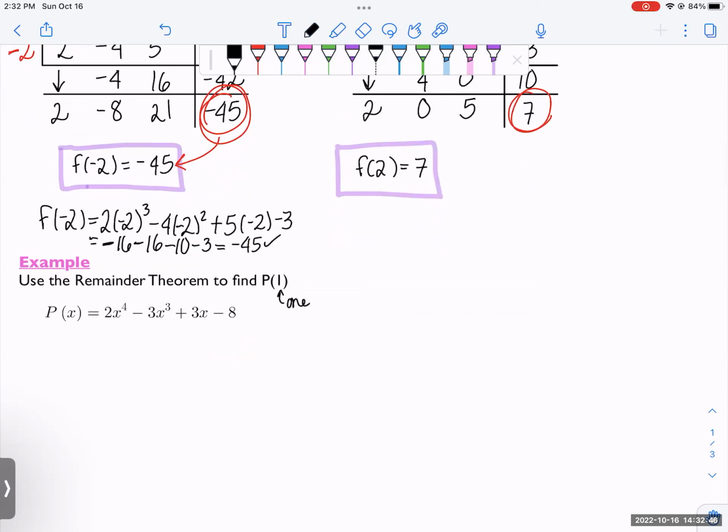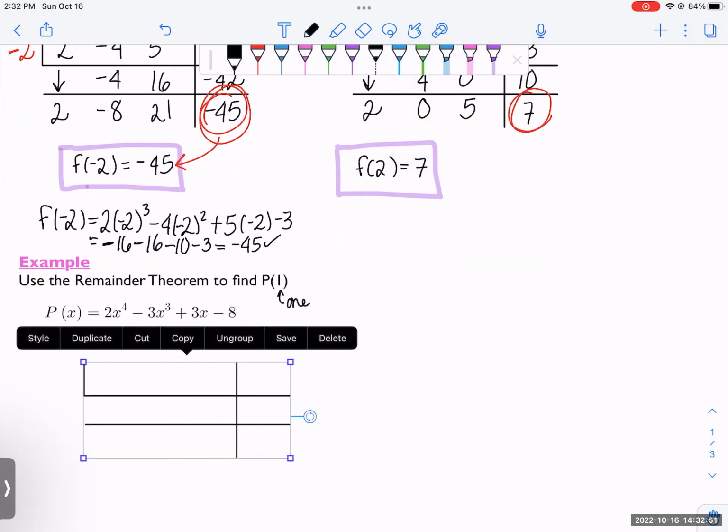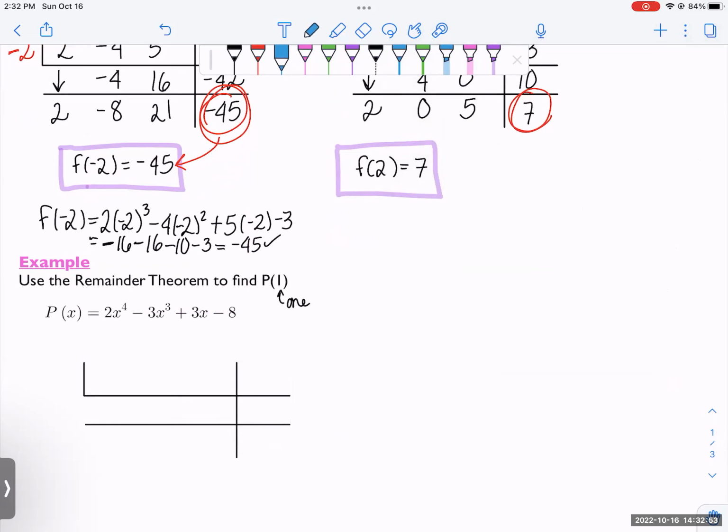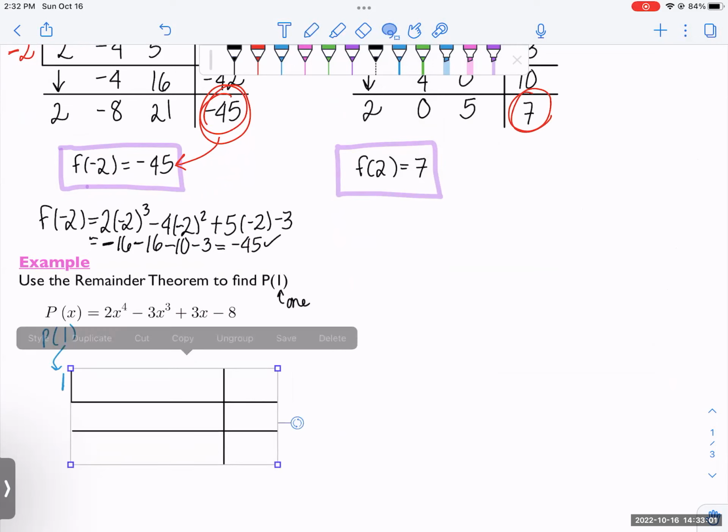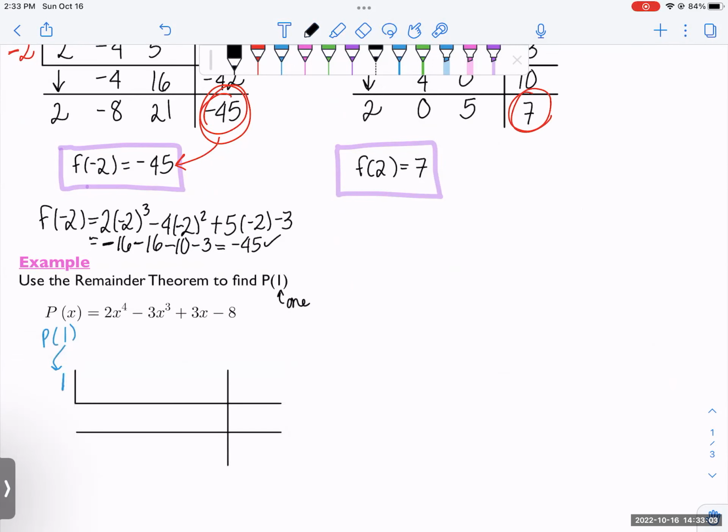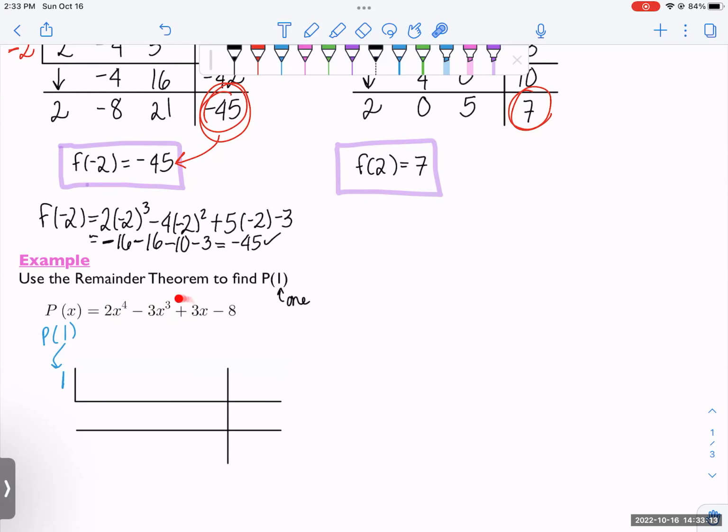We're going to set up our synthetic division. We're looking to find P of 1. So that 1 is just going to come right here on the outside of our synthetic. We are missing a power of x in here, if you look carefully. So we have 2x to the 4th minus 3x cubed, and there is a missing plus 0x squared for our placeholder, plus 3x minus 8.